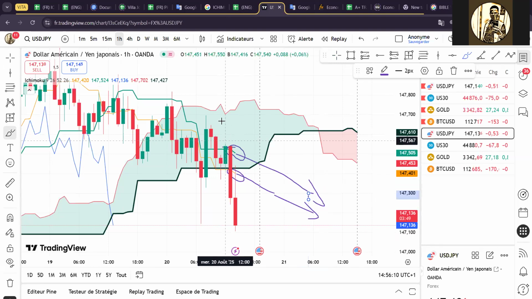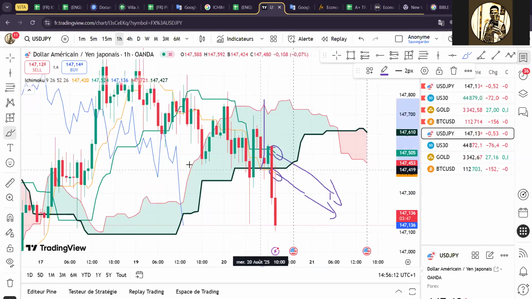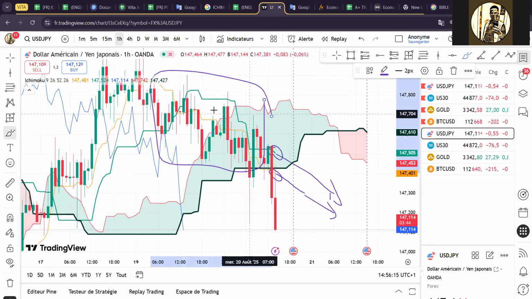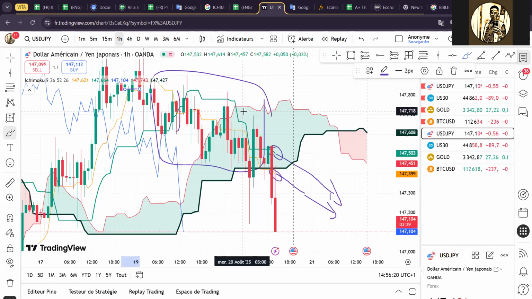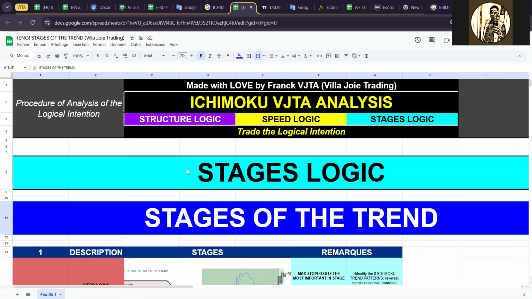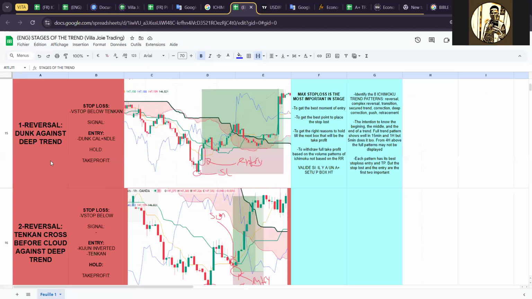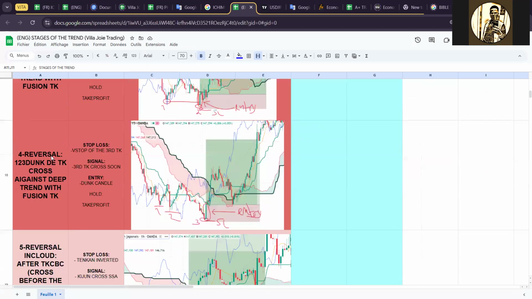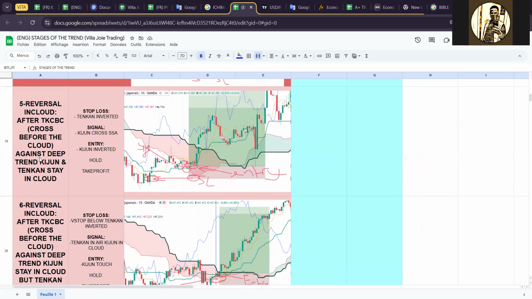It has a transition between these reversal stages below, like TK cross before the cloud, the TK cross inside the cloud, right? Tenkan and Kijun inside the cloud. Those are the phases for the reversal that we saw just earlier: reversal, reversal in cloud.